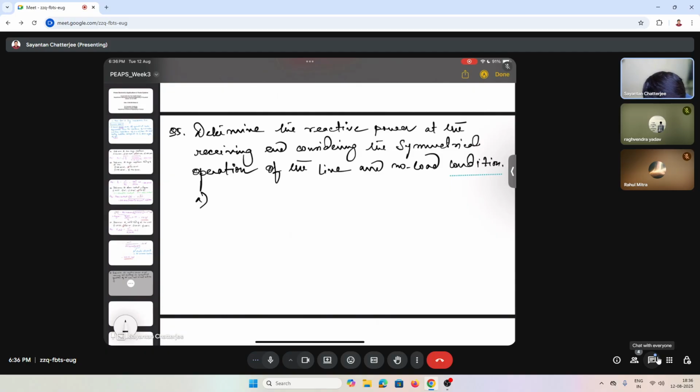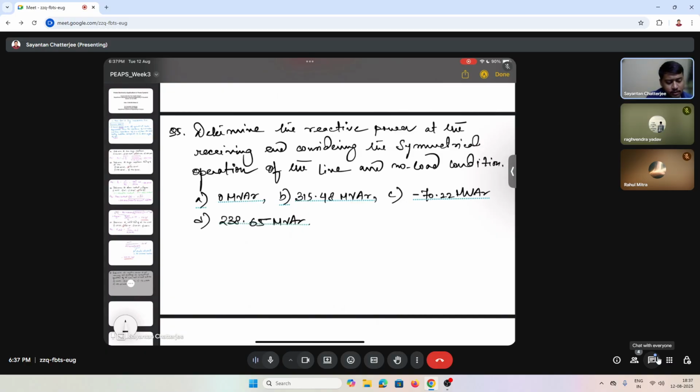So, options. Determine the reactive power at the receiving end, considering the symmetrical operation of the line and no load condition.